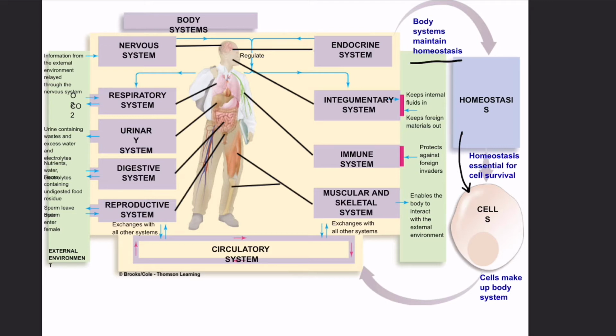Let me give you an example of that. Your stomach cells. So maintaining a specific homeostasis for specific cells is going to be important for their functionality. We know that our cells make up our tissues, which then make up our organs, which then make our organ systems.